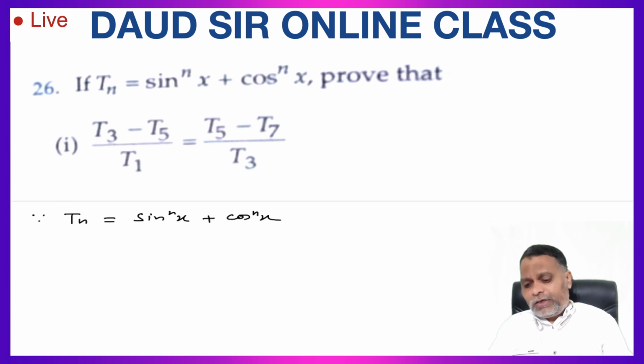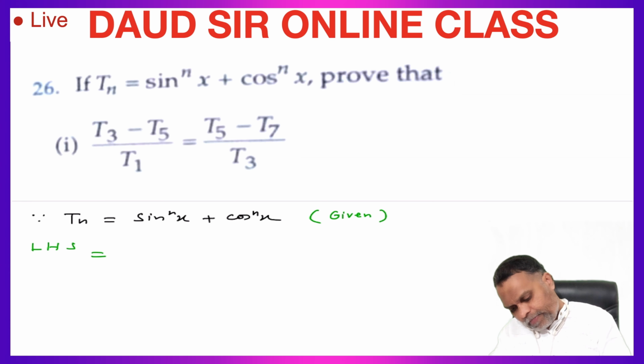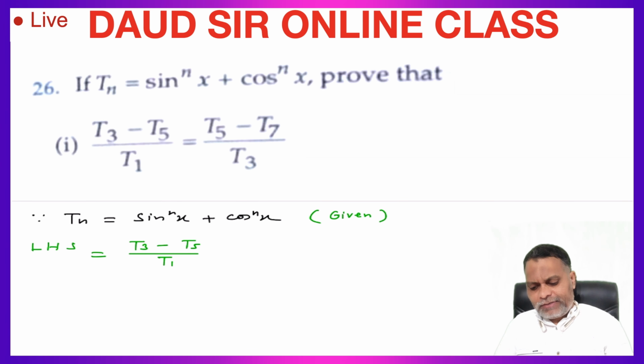So taking the left hand side of this, T3 minus T5 upon T1. By taking this left hand side, the right hand side will not come, so we have to take the right hand side again. If the values of left hand side and right hand side are equal, then our question will be proved.